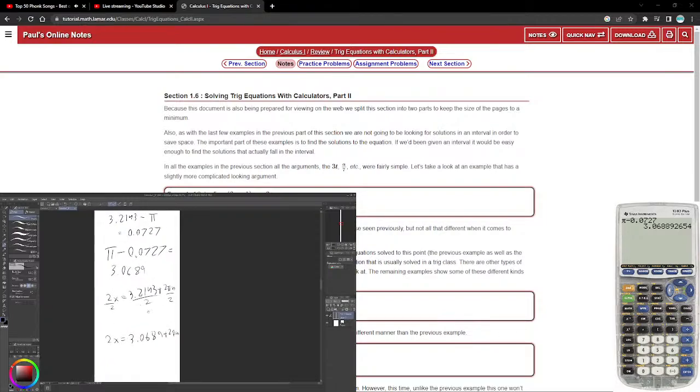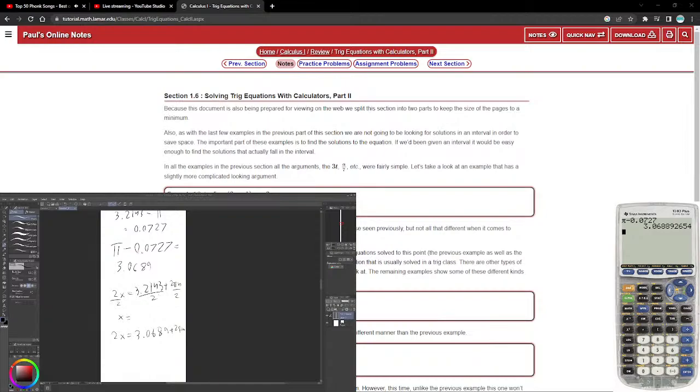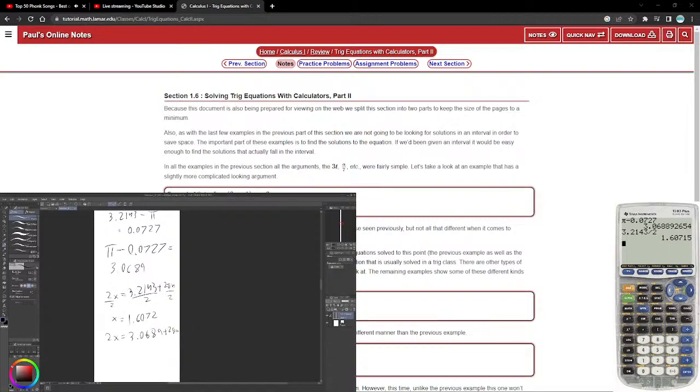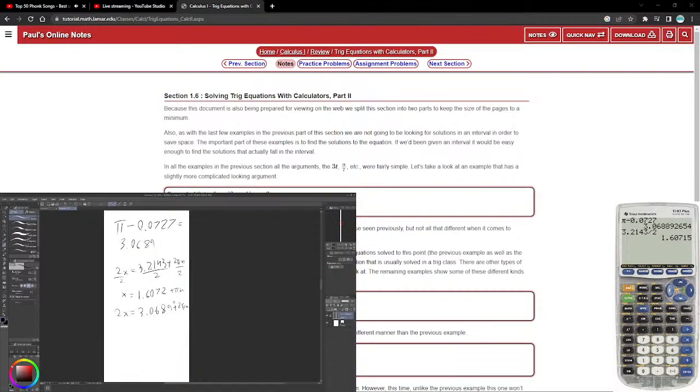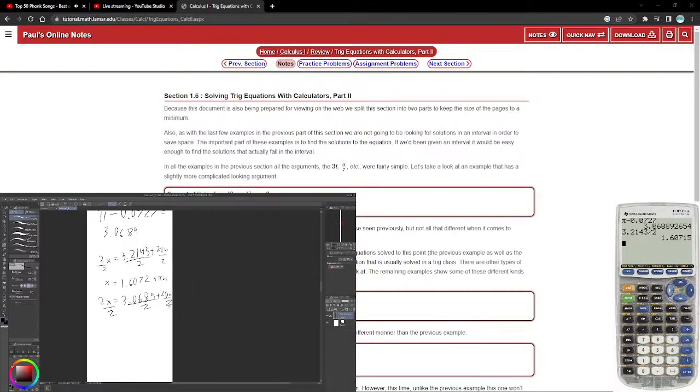We get x equals 3.2143 divided by 2, 1.6072 plus pi n. Divide by 2 on the bottom.